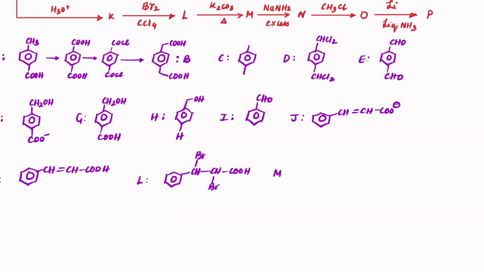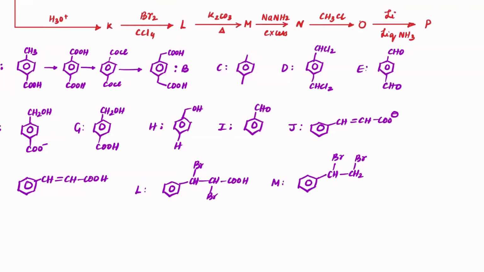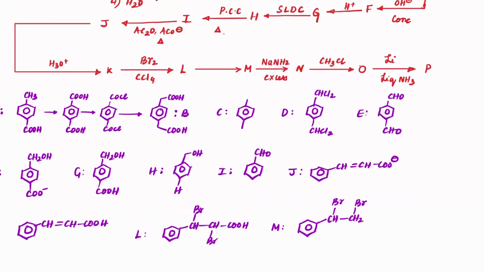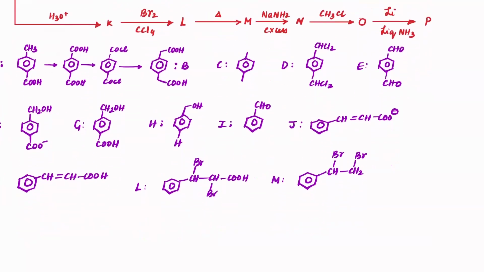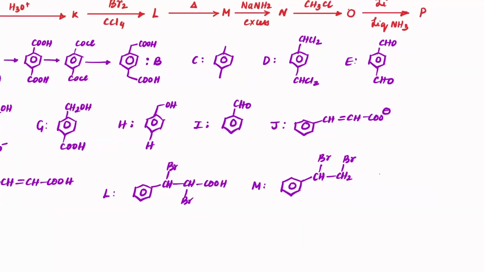M is a decarboxylated product. So we will get this as CHBr and CH2Br. This is what you'll have, okay, on heating. K2CO3 is not required. I can directly write this as heating, just heating. And then M is done.